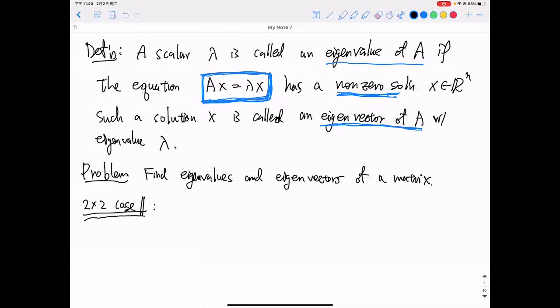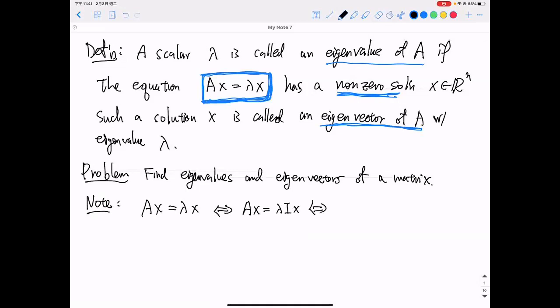But before that, I should probably make a few deductions. So let's say this is a note. AX equals lambda X is equivalent to the following: AX equals lambda I X, where I here is the identity matrix.